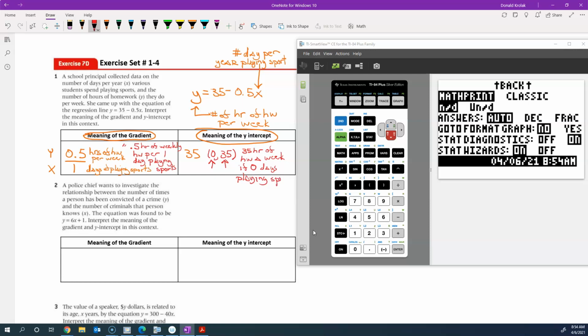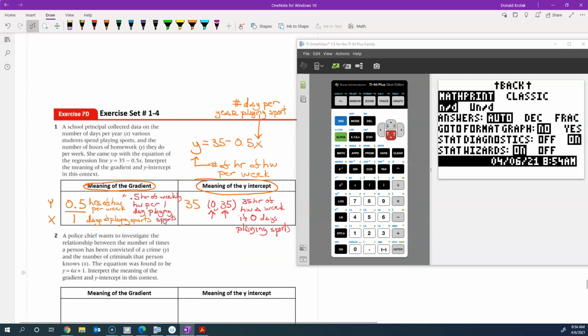So that's what you're doing on these. So that's why you got to understand what the x and the y are. Okay, so when you're working through these and you're doing the gradient or the slope, this is the y and that's the x.